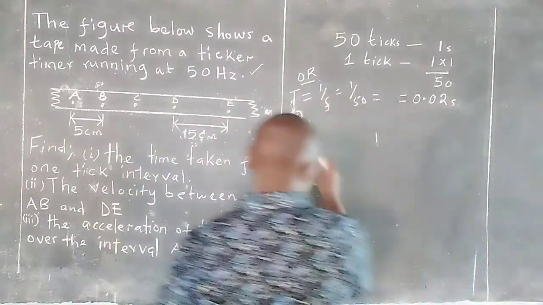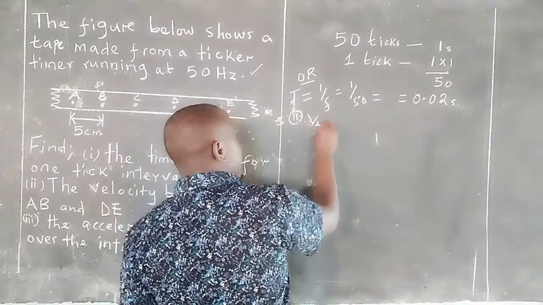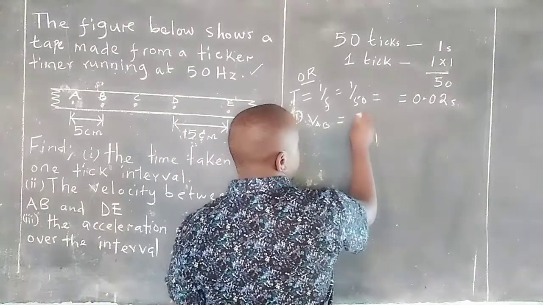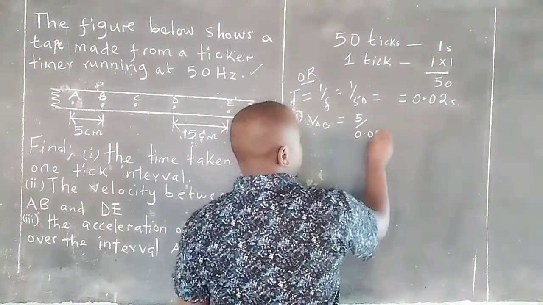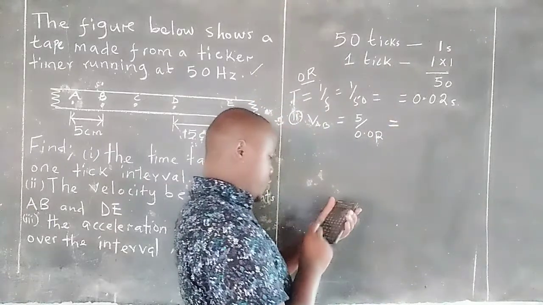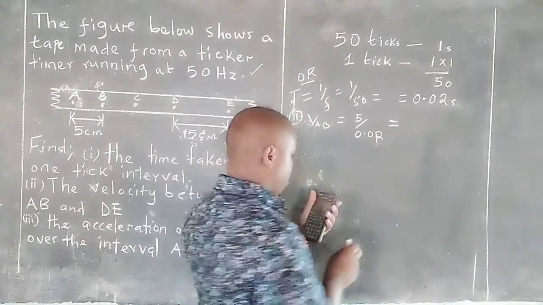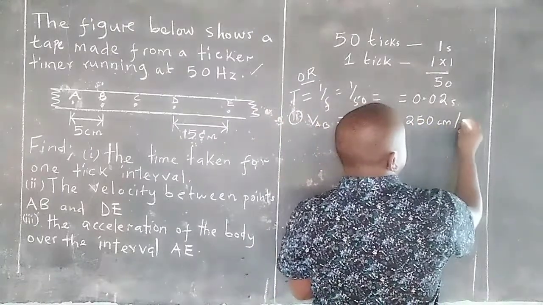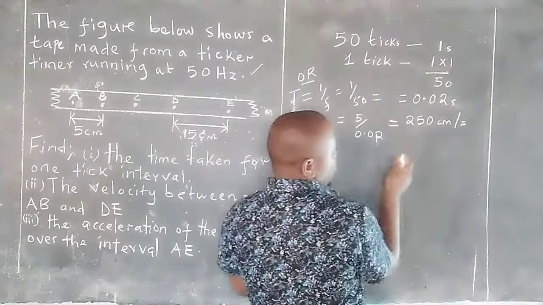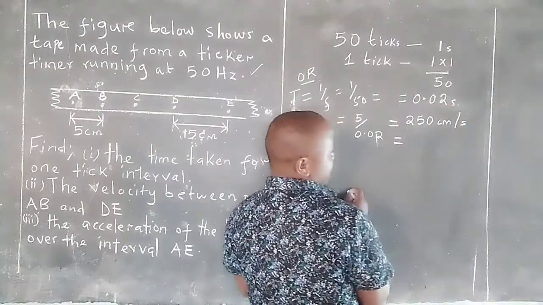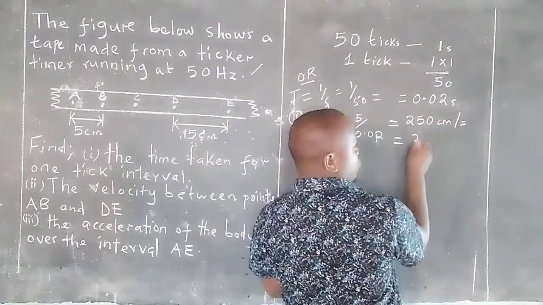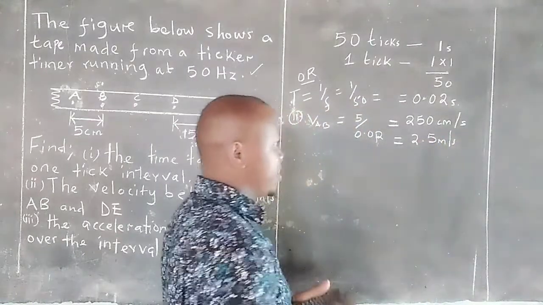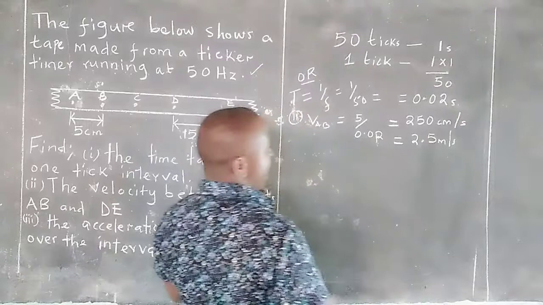Therefore, we can get the velocity between A, B, which will be given by the distance AB divided by the time taken, which will be 250 centimeters per second. 250 centimeters per second can also be expressed as 2.5 meters per second, because centimeters can be converted to meters by dividing by 100.